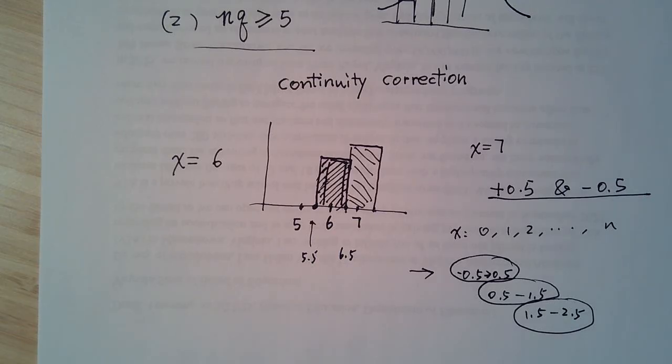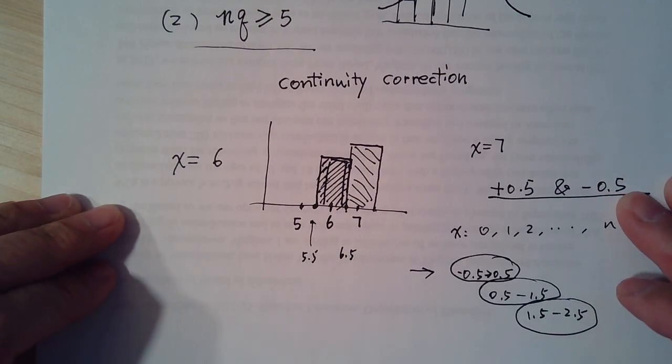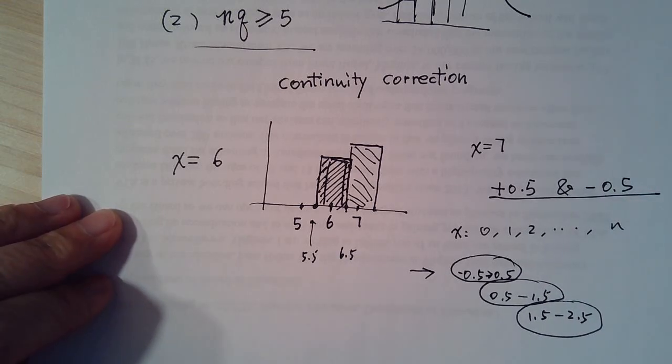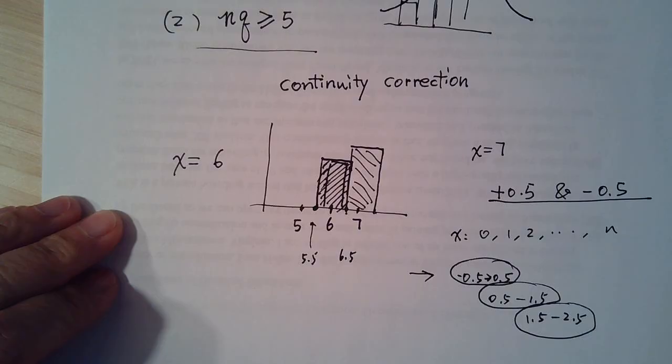Now you get the idea: for every whole number, which is that x, the discrete random variable in your binomial probability distribution, by expanding that from the number minus 0.5 to the number plus 0.5, I will get a continuous variable.